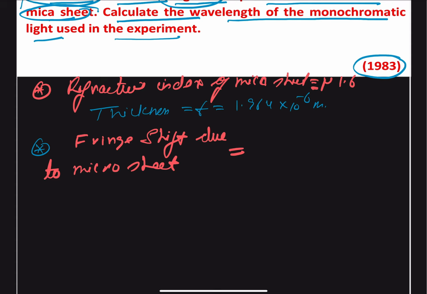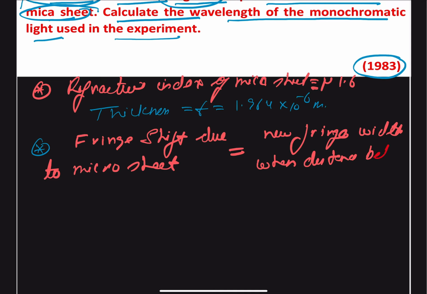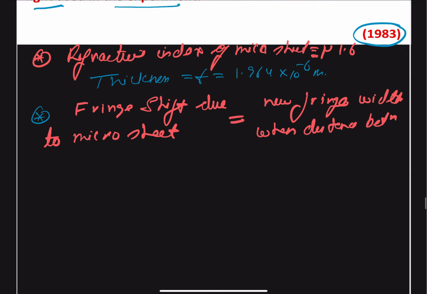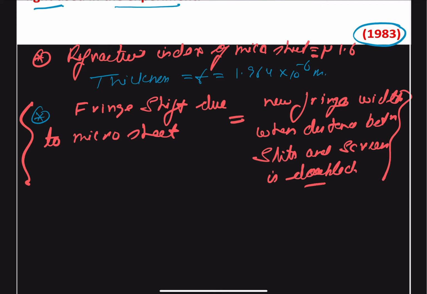It is equal to the new fringe width, which is nothing but the distance between maxima or minima when the distance between slits and screen is doubled. So we have to keep in mind this particular condition.